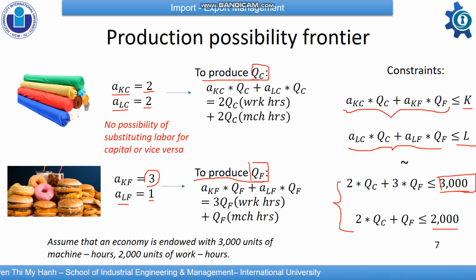That's why we have these numbers. And here we assume that there is no possibility of substituting labor for capital, or substituting from capital to labor.